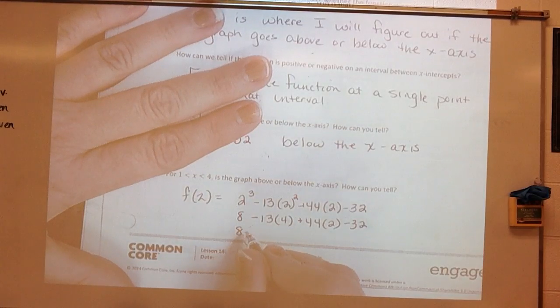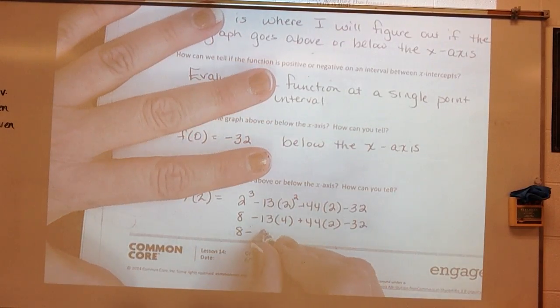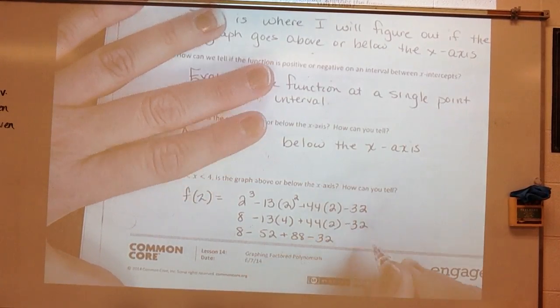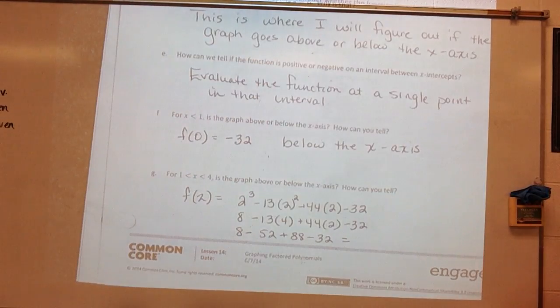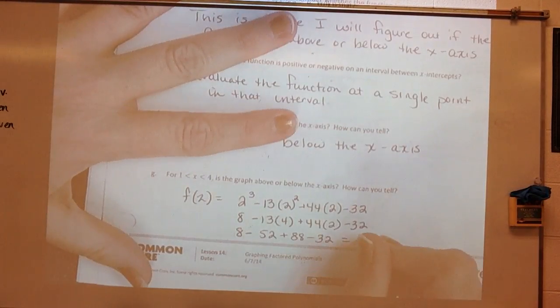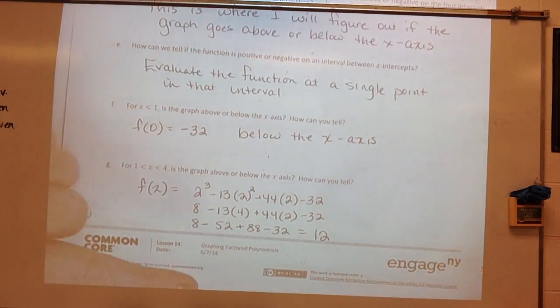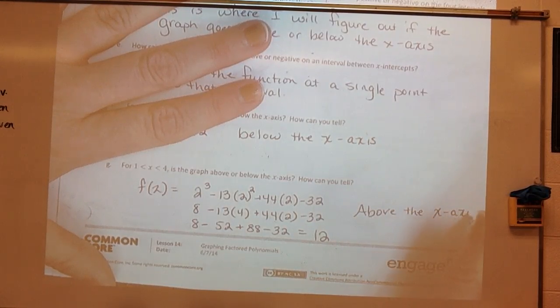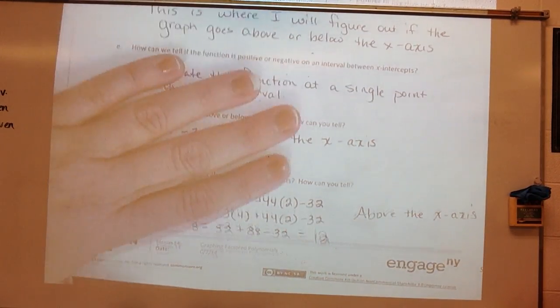I get 8 minus 52 plus 88 minus 32. If I add and subtract all of that, I get 12. So it is positive, so it would be above the x-axis.